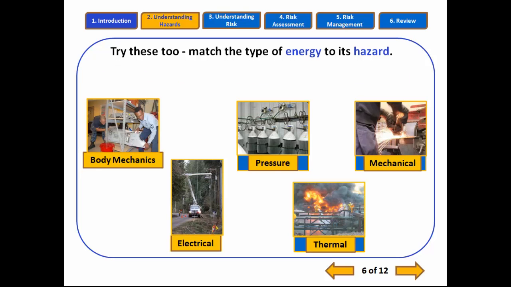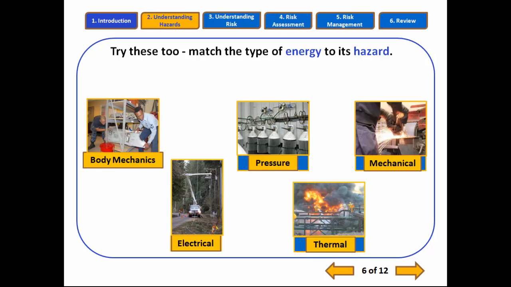See here, body mechanics energy can be hazardous when associated with employees moving things around inside a work site. We have electrical lines as an obvious source of electrical energy that can be hazardous. We have pressurized gas cylinders, thus the energy is stored in the pressure of the materials.